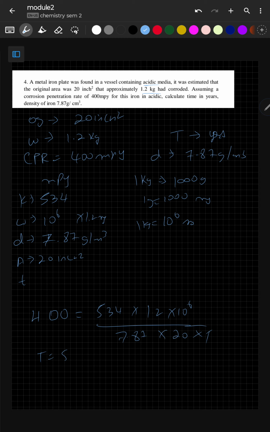So t equals 534 into 1.2 into 10 power 6 divided by 7.87 into 20 into 400. I am getting the answer, which will be in hours. Correct? So that answer I will just check first.